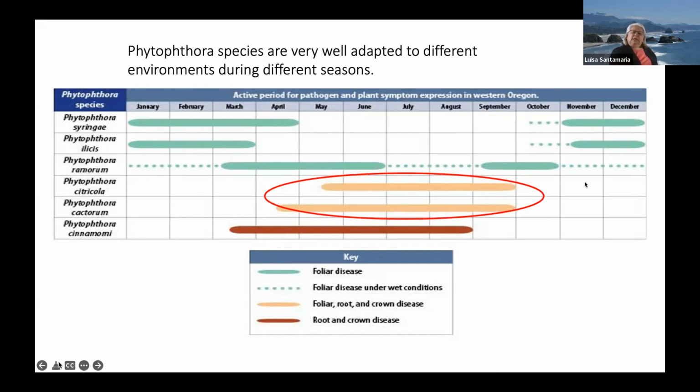And these species look more active, in that we can see the symptoms and growth maybe actively during warmer months of the year. And then we have cinnamomi, one of the main species identified that cause root rot and crown diseases in several crops.